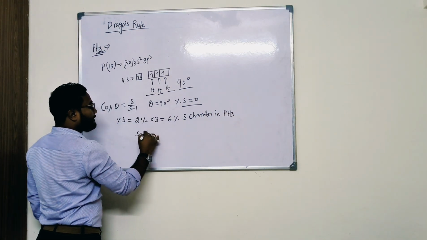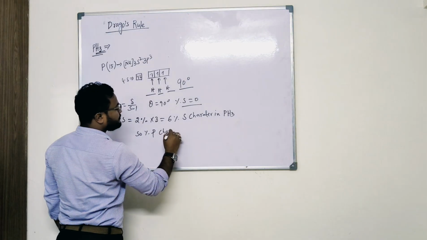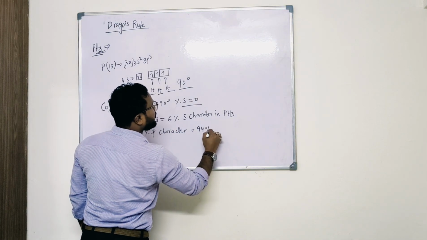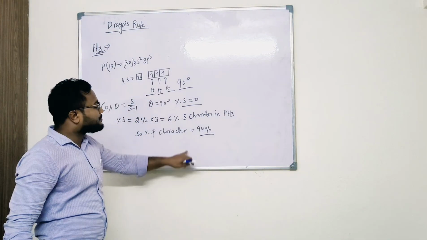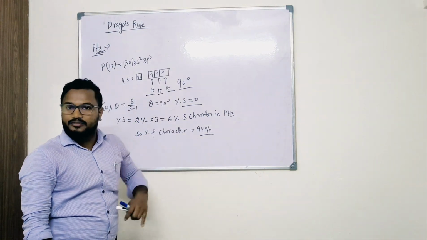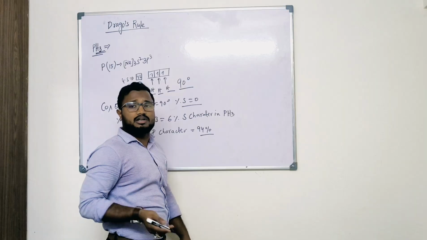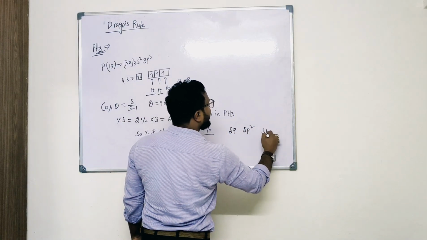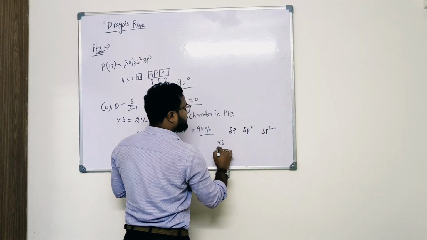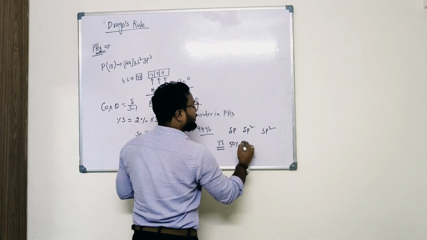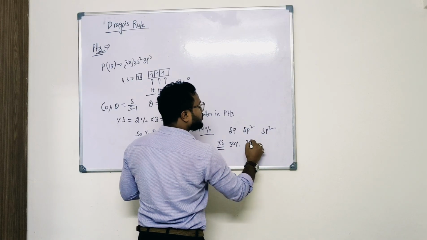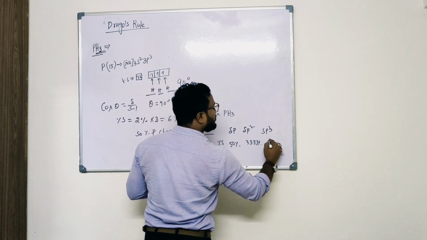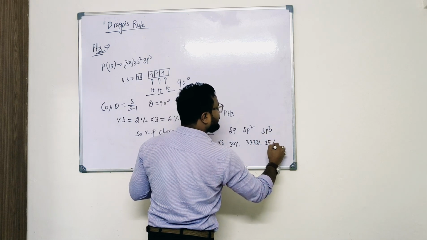So percent p character is approximately 94%. As percent p character is 94%, let us check in which structure it is possible. sp has 50%, sp2 33.33%, and in case of sp3 it is 25%.